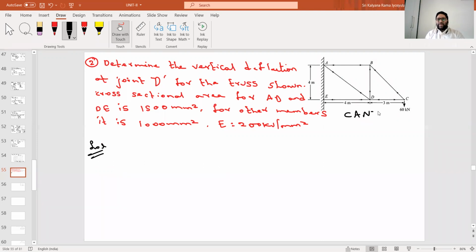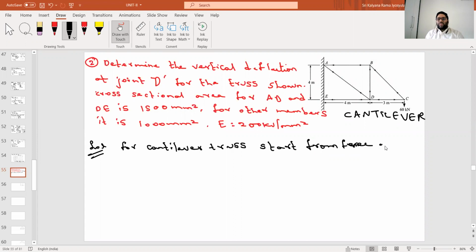For a cantilever truss, we need to start from the free end joint. That's a very important point. Start from the free end, that is C.